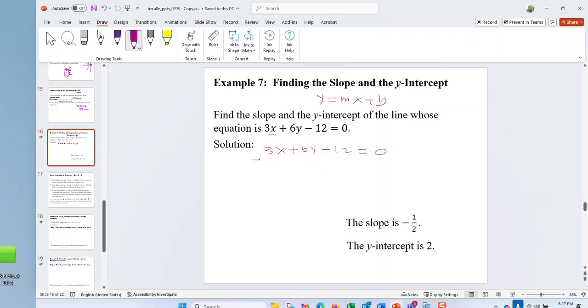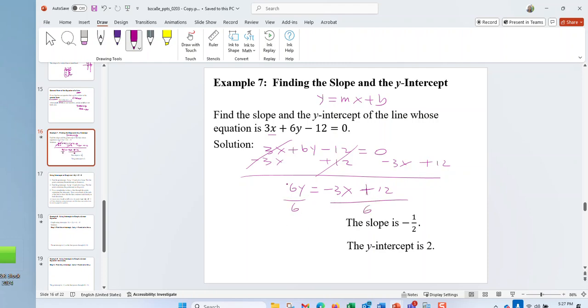I have to move 3x to the right hand side, and I'm going to add 12 on both sides, so that I can cancel this one out, and I only have 6y left. Then 6y equals negative 3x plus 12. All right, and I just divide both sides by 6, so this cancels out.